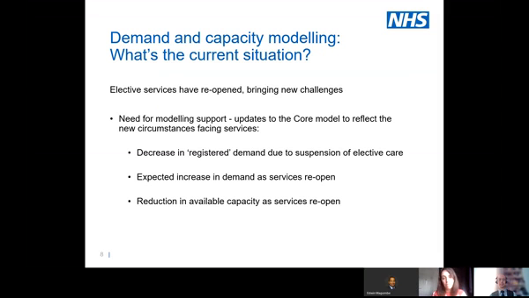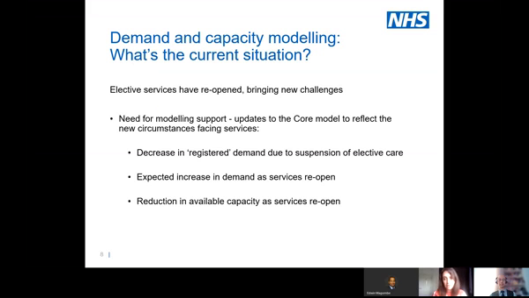Number one is potentially a decrease in registered demand due to the suspension of elective care. Some services have actually seen their waiting list size decrease, but that's because the referrals, for example from GPs or other services, are not coming in right now. So the question is, what is the unregistered, unmet demand that we're currently not capturing in the population?